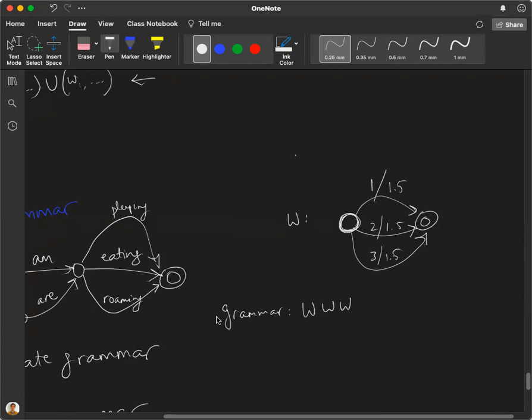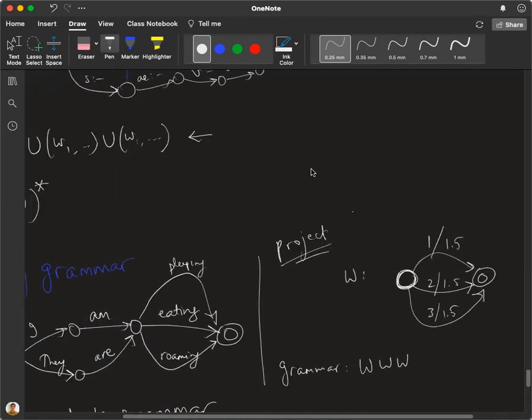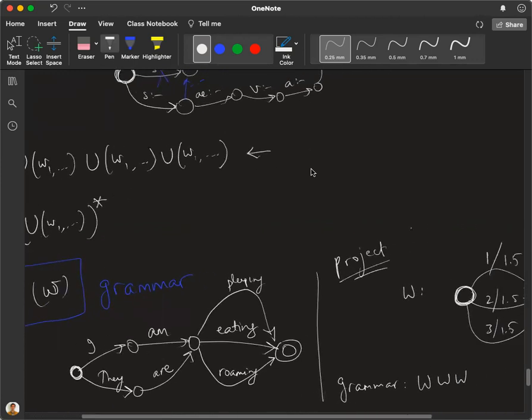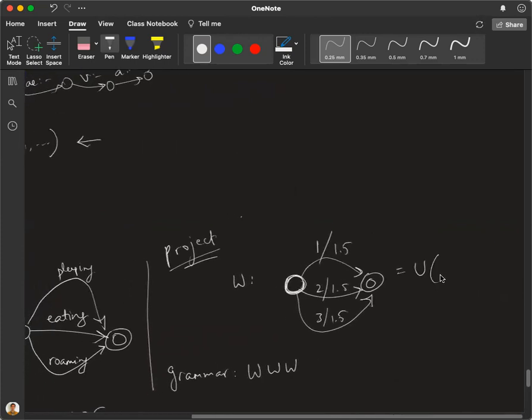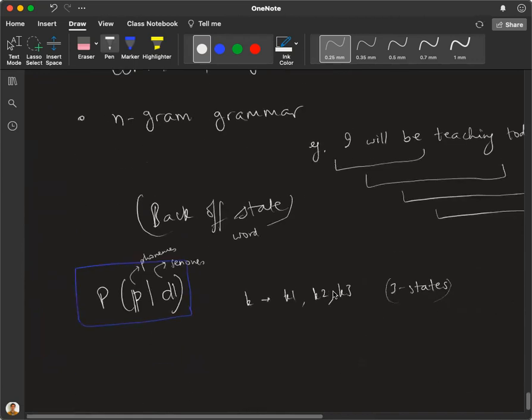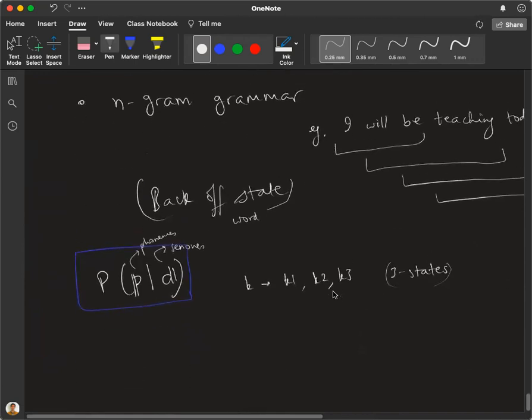So this is for your tutorial, for your project. Only three words. And what is your W? Basically, W is simply a union of 1, 2, 3, etc. I thought I will make it clear how you will use that.